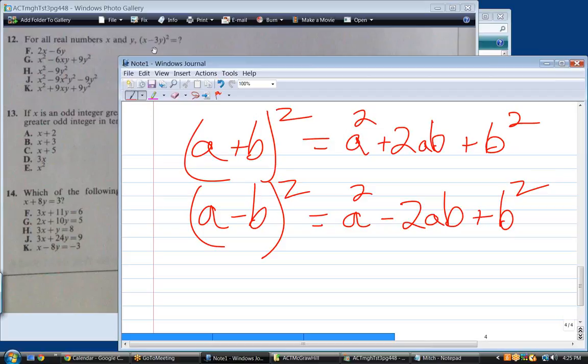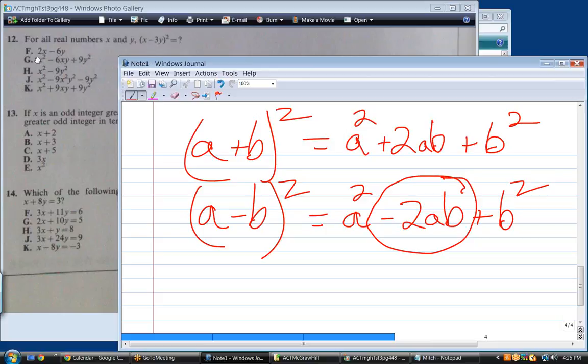It's 6xy? Yes, minus 6xy. In other words, my A is x and my B is 3y. So when I go to take 2 times A times B, I get minus 6xy.